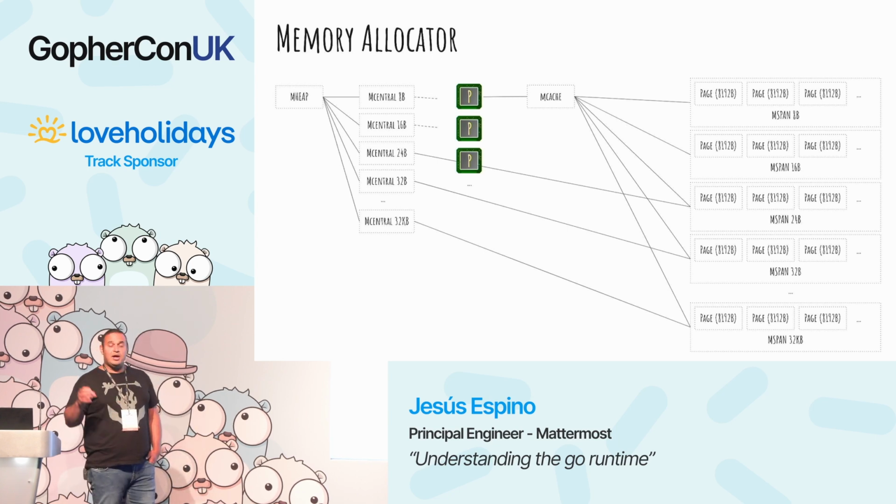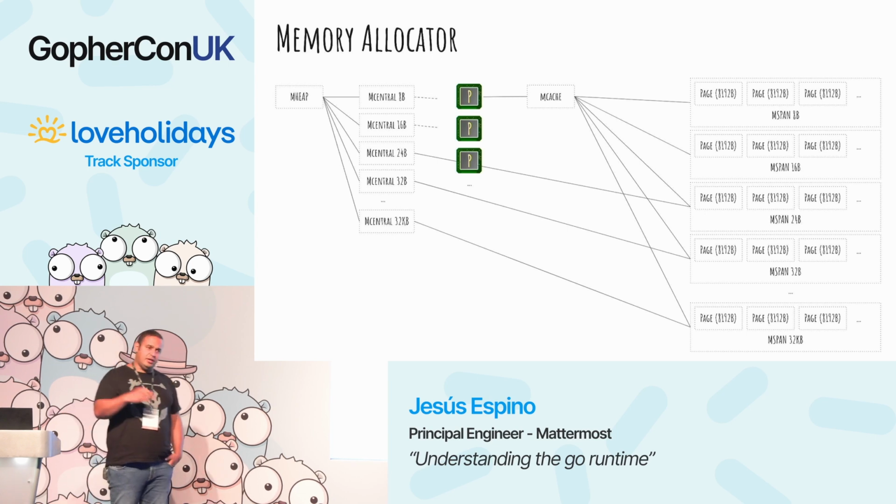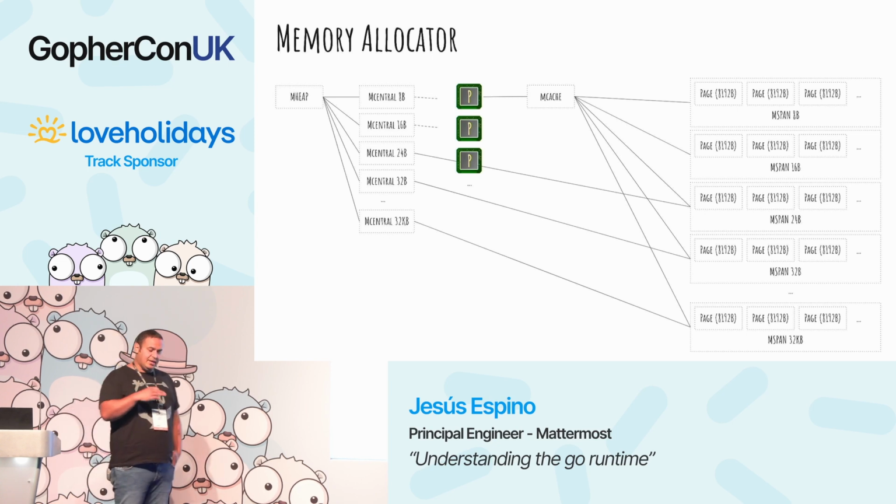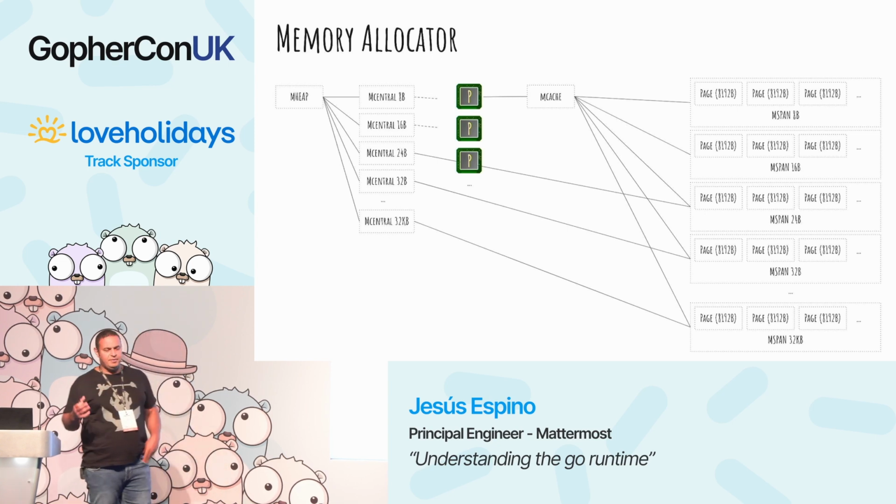The memory allocator has all these MSPANs per size, per processor. Each processor has a main cache that points to all these MSPANs of different sizes. And there's also an MCentral that centralizes all the MSPANs of the same size. That is accessible from the MHeap, the main structure that manages the memory in the memory allocator.